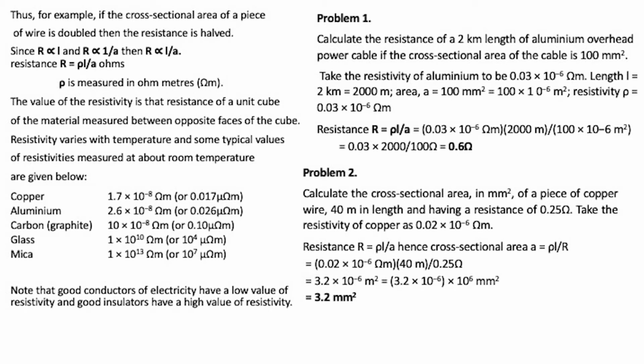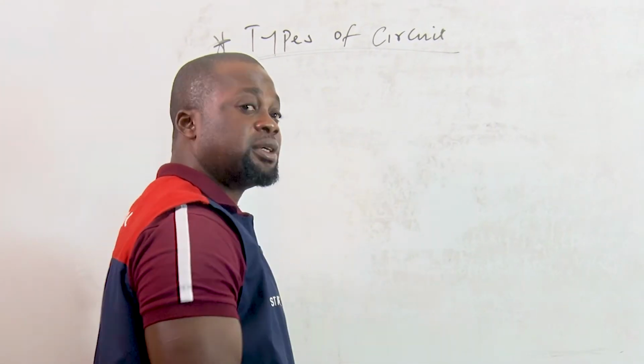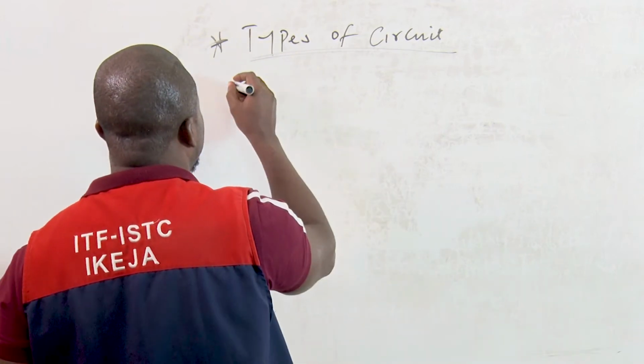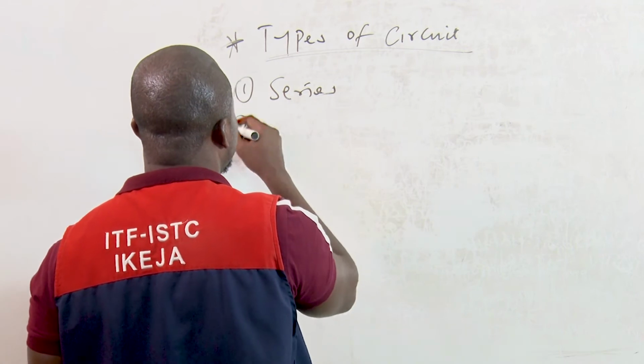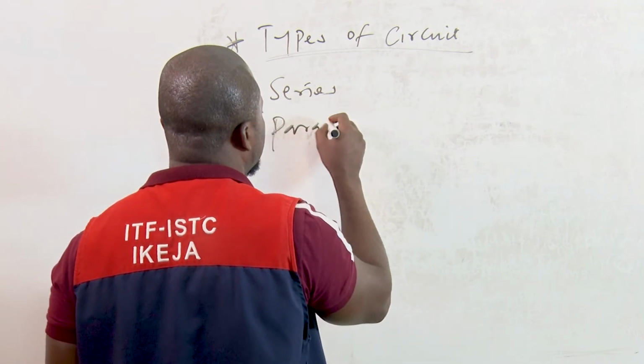What are the types of circuits? Basically, we have two types of circuits. We have one, series circuit. Two, we have parallel circuit.